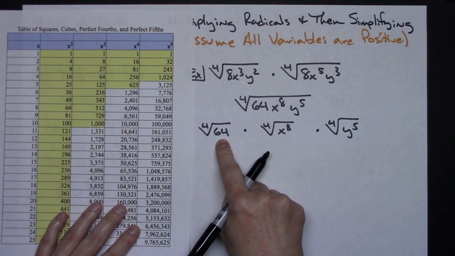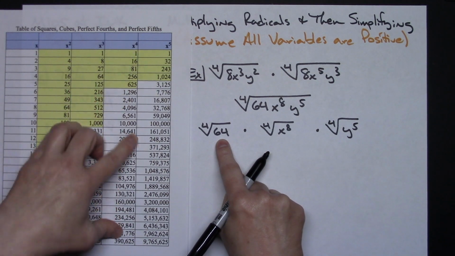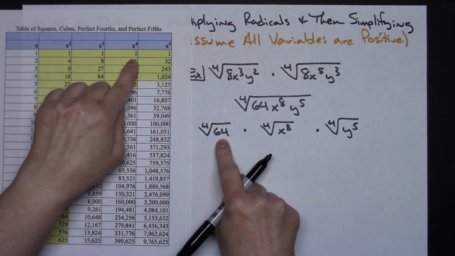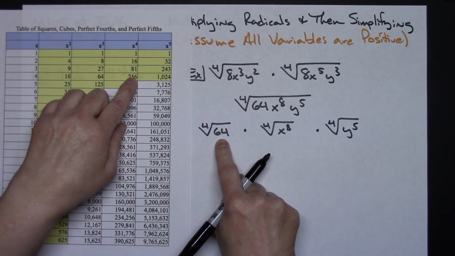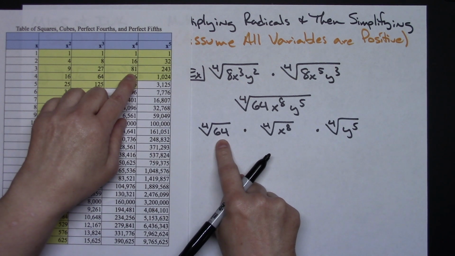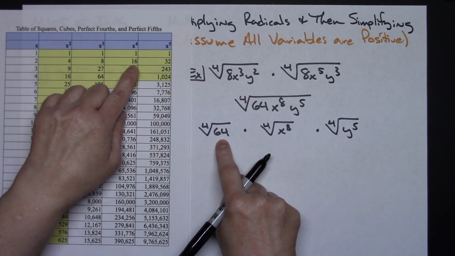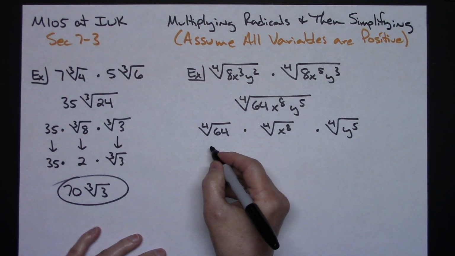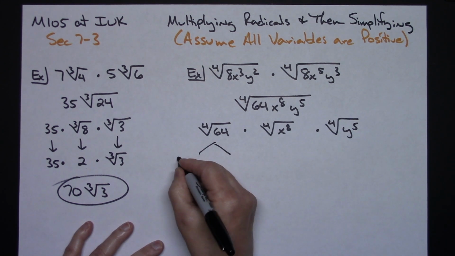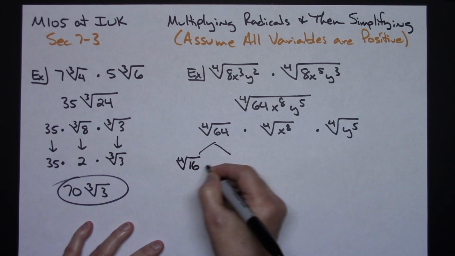If you've got a chart, you can go down your fourth roots, just start going down. 1 goes into 64, yep. 16 goes into 64. 81 is the next number, and 81's bigger than 64, so that means the biggest perfect fourth that goes into 64 is 16. So I can break this up into the fourth root of 16.